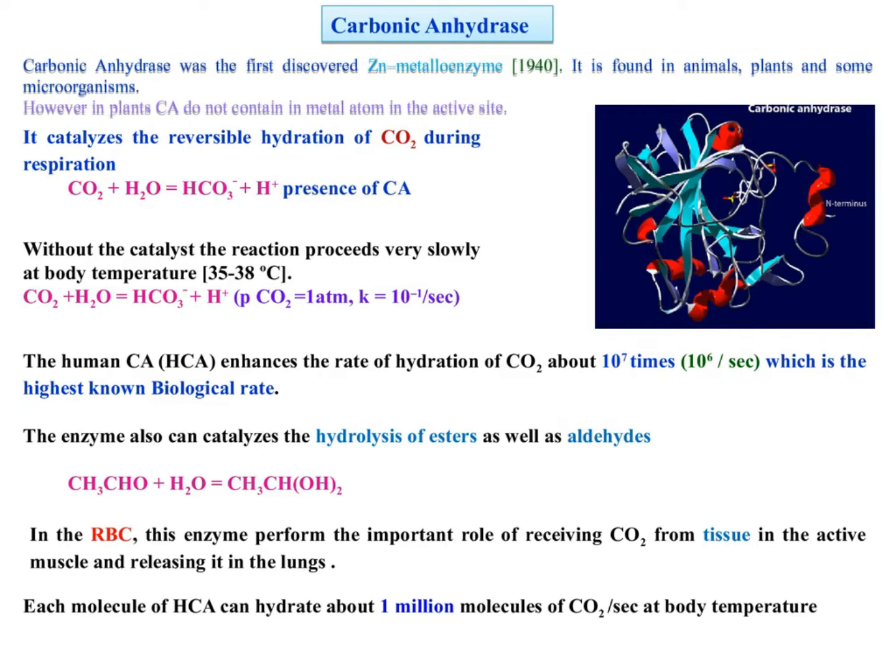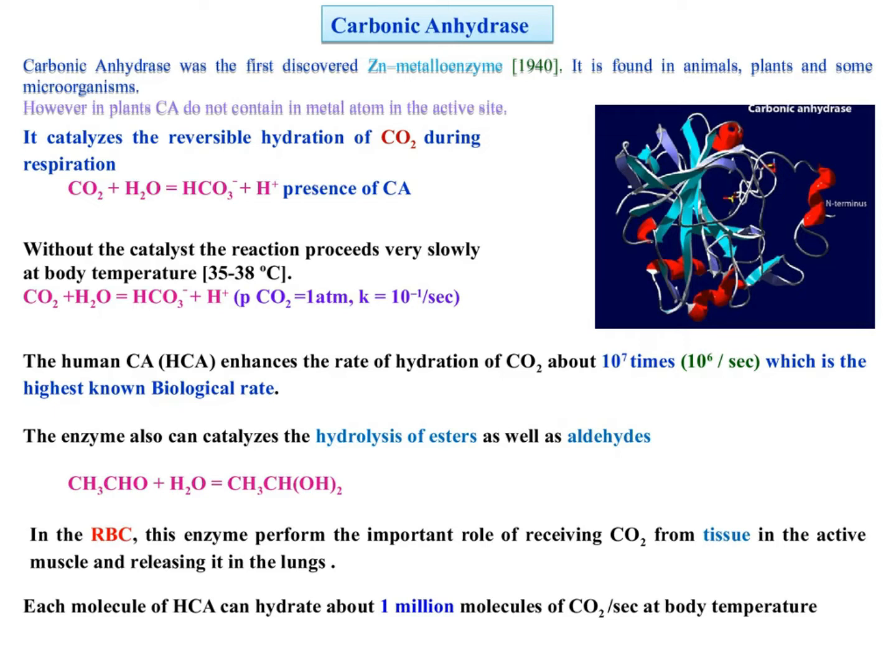As we know from our previous discussion, the reversible hydration of carbon dioxide takes place during respiration as shown in the equation, which is catalyzed by carbonic anhydrase. If the reaction occurs without any catalyst at body temperature, the rate of the reaction is very slow.